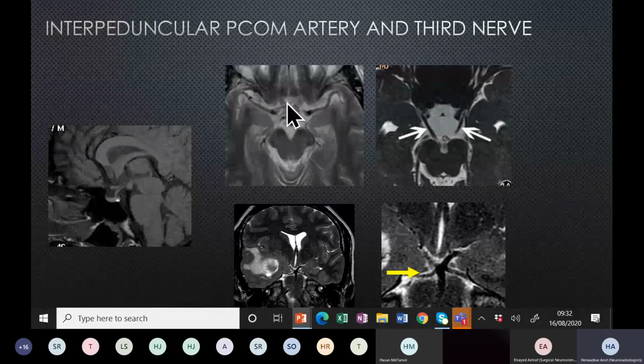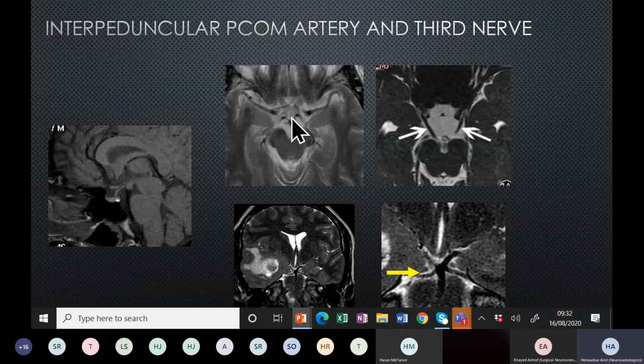So here we are again in the suprasellar region: the optic chiasm, the small pituitary infundibulum, the basilar termination, the posterior cerebral artery branches, the small posterior communicating artery, which starts from the carotid and connects itself to the posterior cerebral artery over here. So these are all parts of the suprasellar cistern.